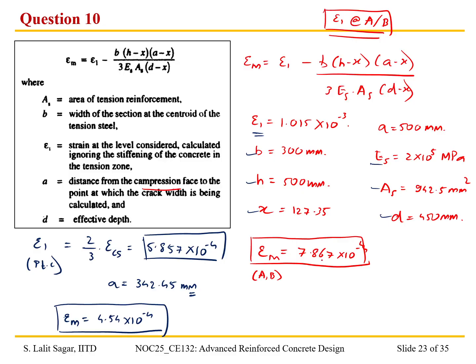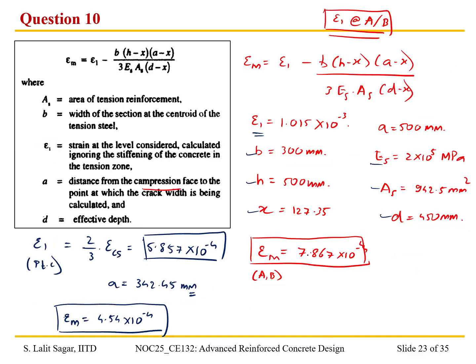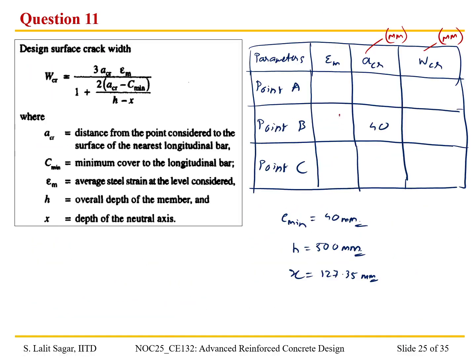Okay, for points A and B, the strain is 7.87 into 10 to the power minus 4 mm per mm.